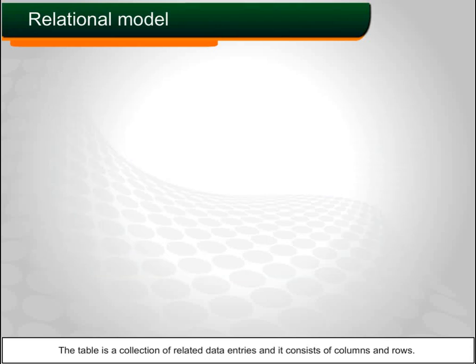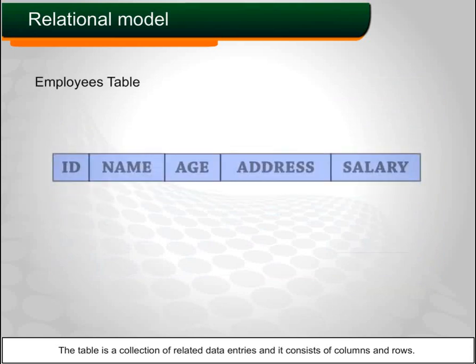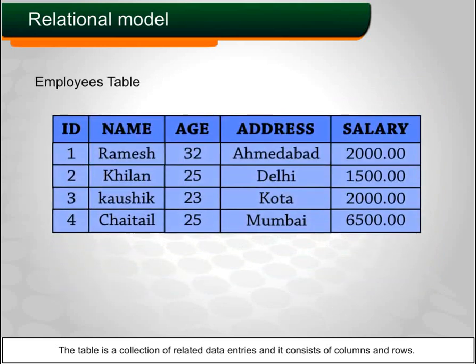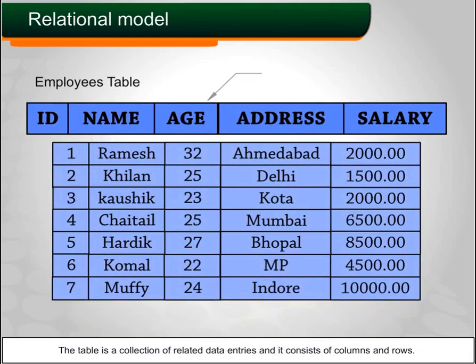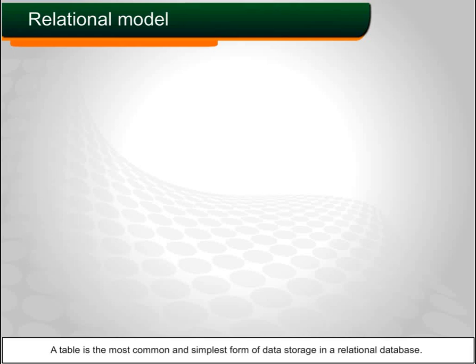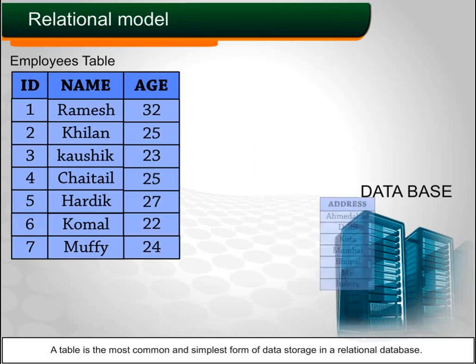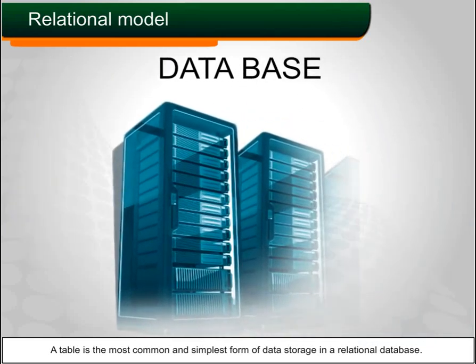The table is a collection of related data entries and it consists of columns and rows. A table is the most common and simplest form of data storage in a relational database. Field.